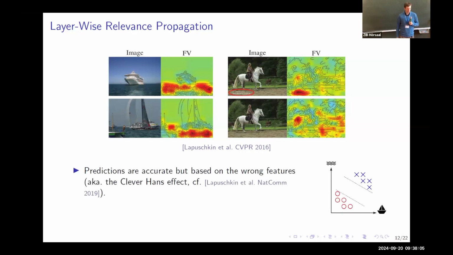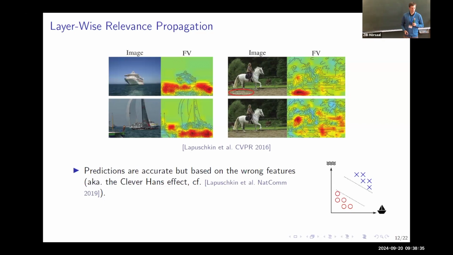So this is basically something which we call the Clever Hans effect. It's when a model predicts correctly on the given data, because the data has this correlation, for example, boat and water, or horse and copyright tag, but is not expected to work well on new data, because as soon as you put a boat standing on the grass, for example, which happens sometimes, then it will stop working.